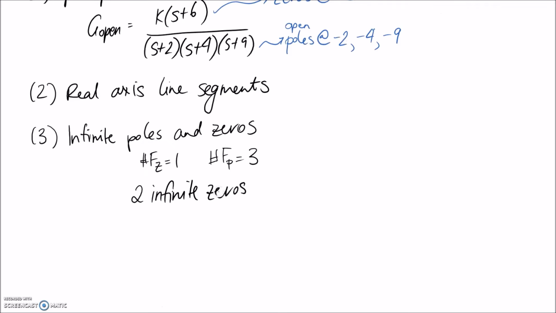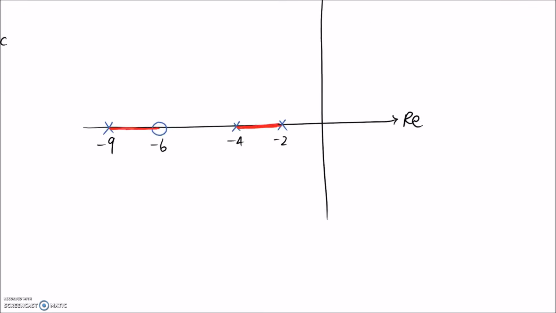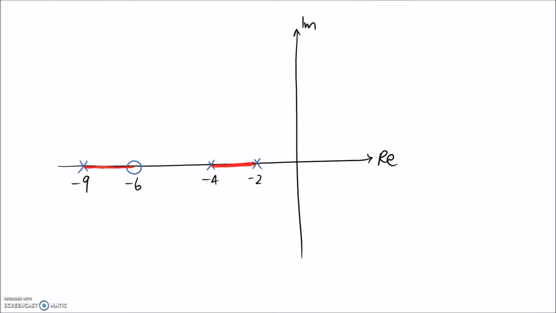So I've just noted that in. We need 2 infinite zeros, and if we take a look at our root locus diagram, we can see where they need to join to. I said that every pole and zero needed to be connected. Between these two, we've already got a connection between a pole and a zero. Here though, we've got 2 poles joined to each other.